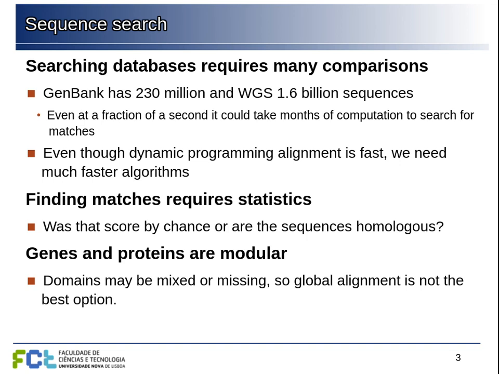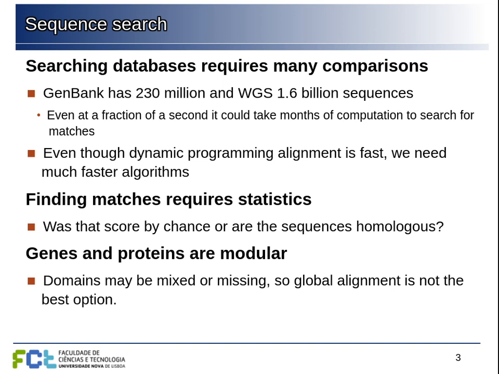With the whole genome sequencing programs, those amount to 1.5 billion sequences. So even if we can align two sequences in fractions of a second, we can need months of computation just to search through all of these sequences in these databases in order to find a match for a single sequence that we have as a query.